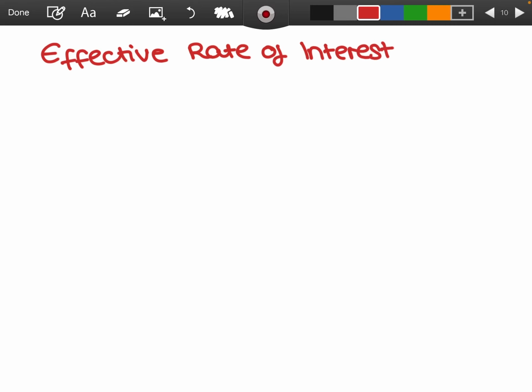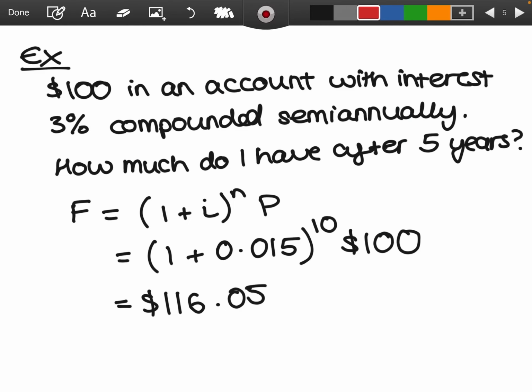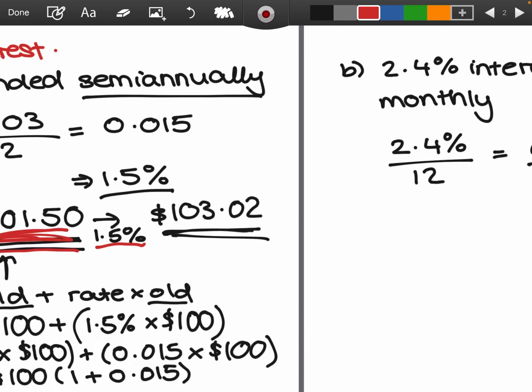It actually tells you, for a compound interest rate, what it's equivalent to as a simple interest rate. Okay, so when we did our compound interest, we had things like 3% compounded semi-annually. Okay, that told me that I was accruing 1.5% interest every 6 months. Well, what is that actually equivalent to?